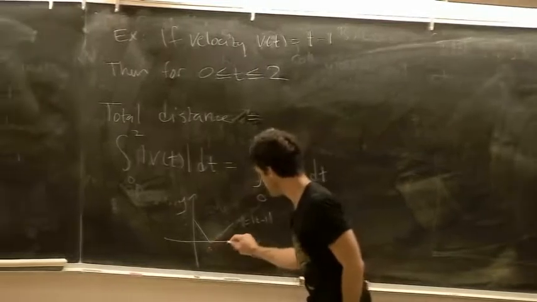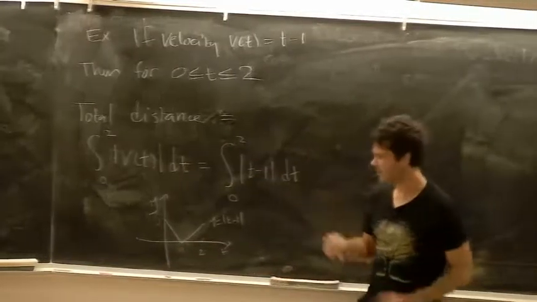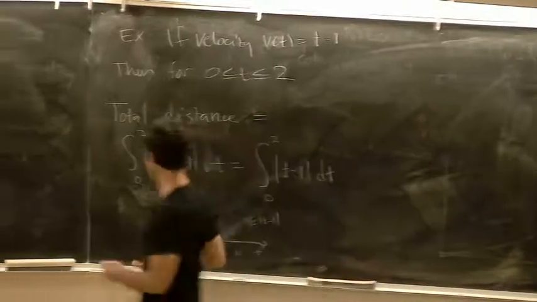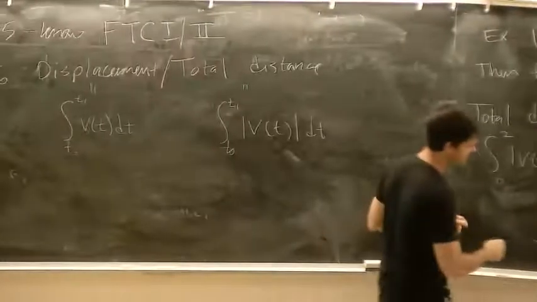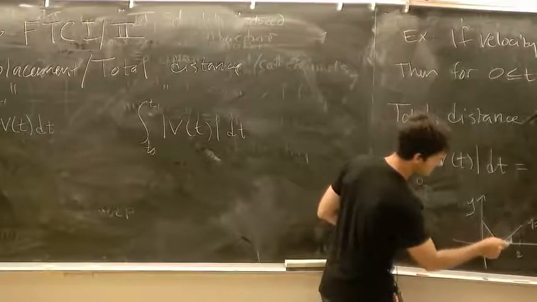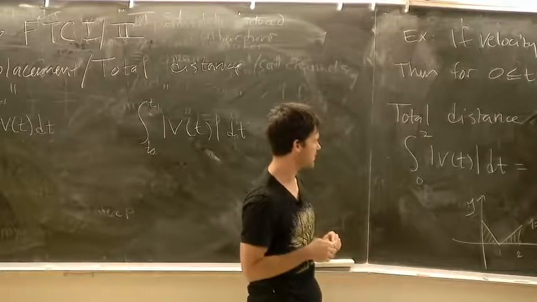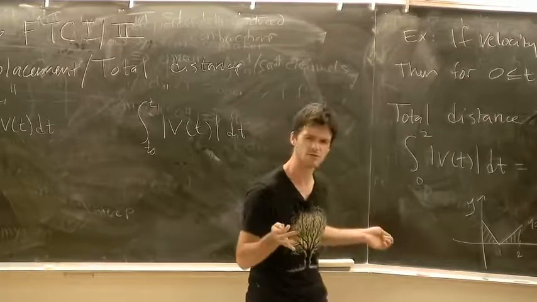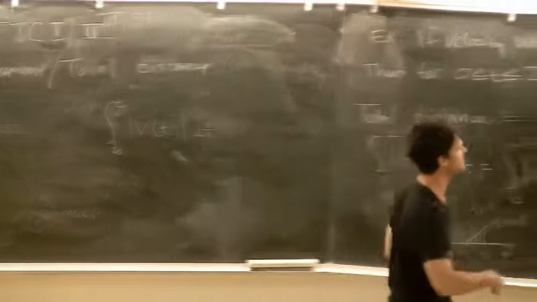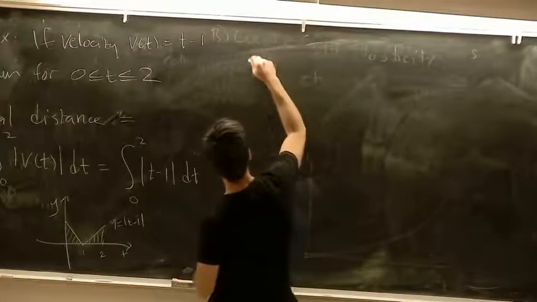Let's say this is 1, and this is 2. What I'm calculating here is the area under this graph, which you could just calculate because it's 2 triangles. If we wanted to, we could just get the area of these 2 triangles.